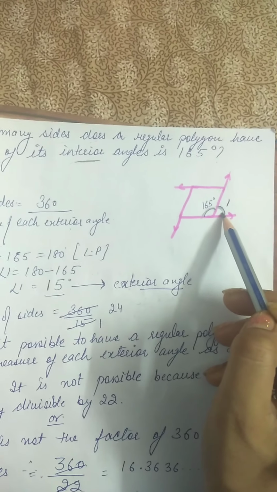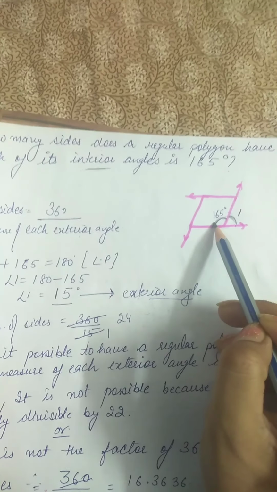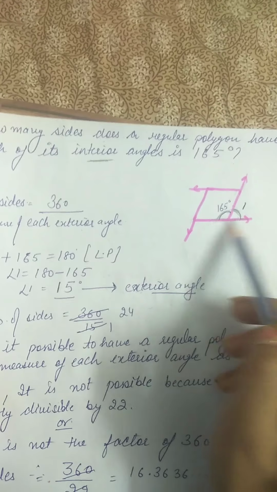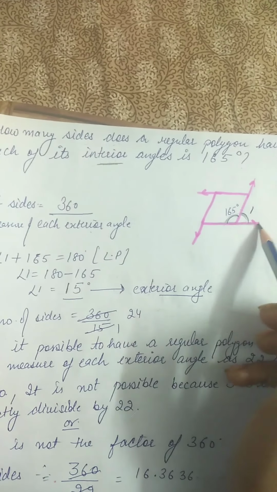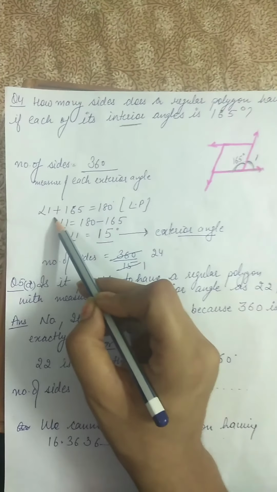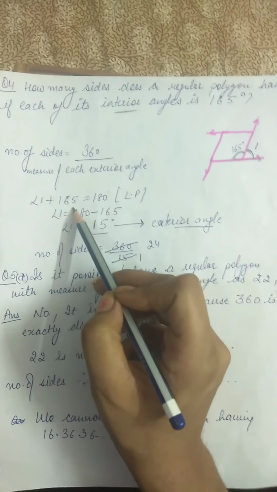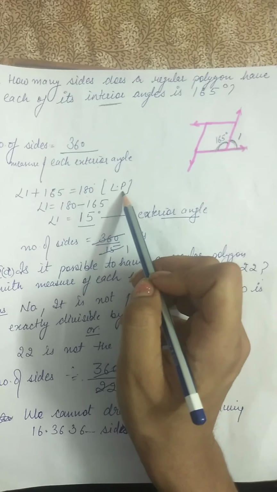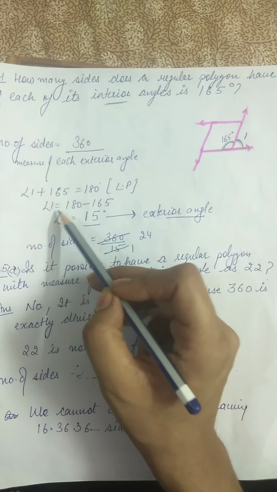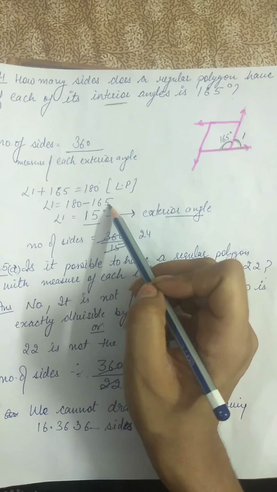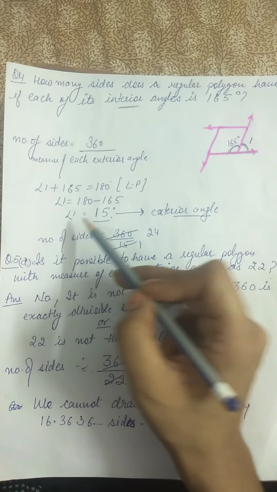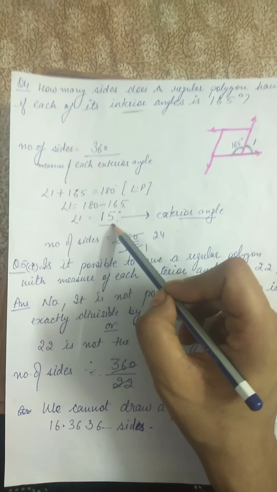Yes, we can find it, as we know that one exterior angle and one interior angle make a linear pair, as both lie on a straight line. Therefore, angle 1 plus angle 165 is equal to 180 degrees by linear pair. Therefore, angle 1 becomes 180 minus 165, which is equal to 15 degrees. Therefore, your exterior angle becomes 15 degrees.